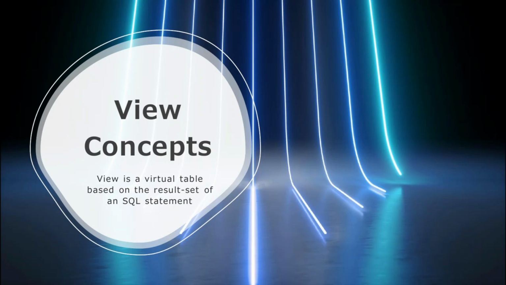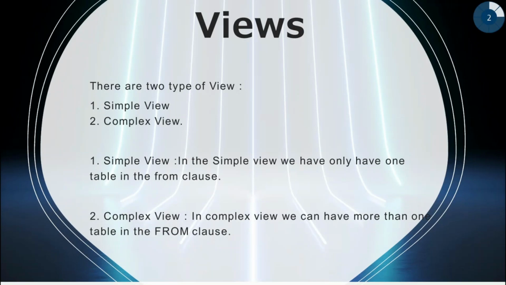Behind the view, the actual query is executed. If you write a view, the underlying query is executed when you give the command select star from that view; the underlying query gets fired. So friends, this is the concept of a view and why we use a view.